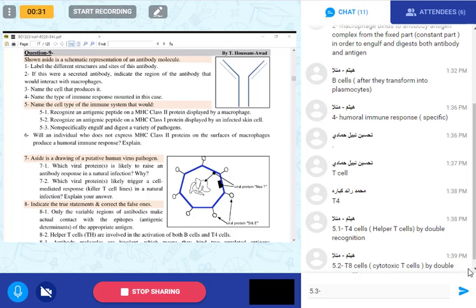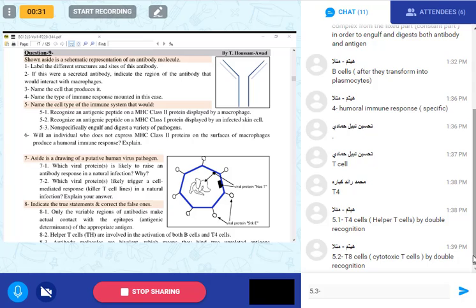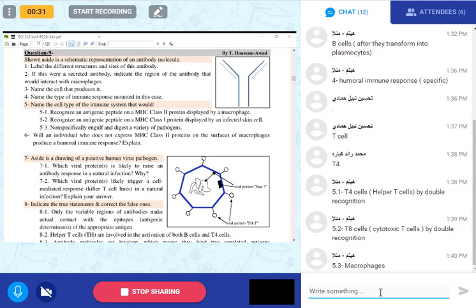The B lymphocyte, and the non-specific? No, Mariam, it says non-specific. The non-specific ones are the macrophages.